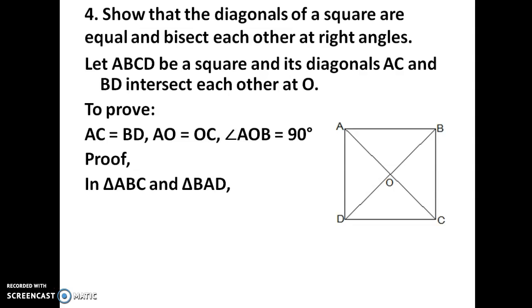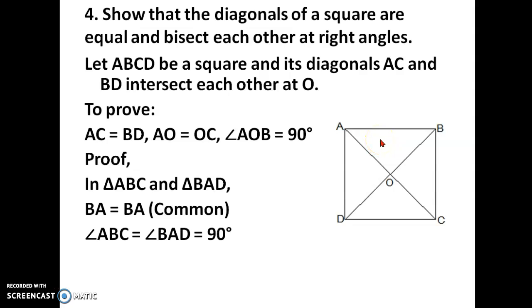Okay, in triangles ABC and BAD, we have BA equal to BA. Okay, so for both the triangles, this BA is common. Then angle ABC equal to angle BAD. Angle ABC, this angle, and BAD, this angle, are 90 degree.